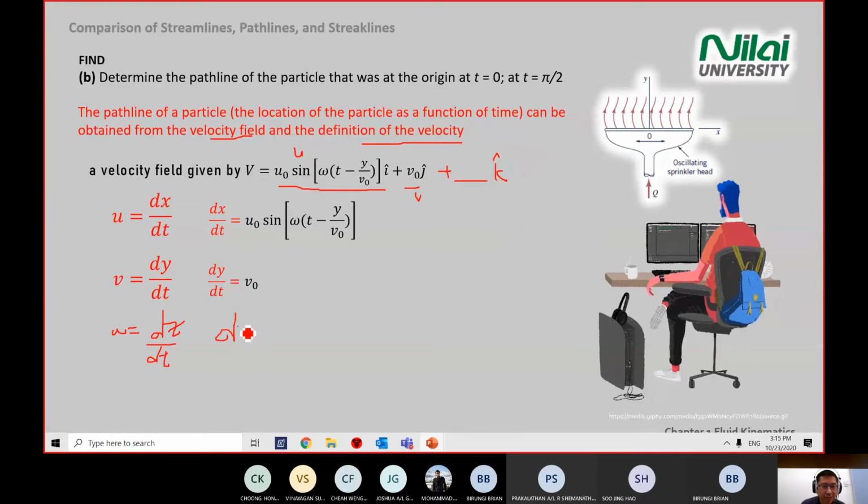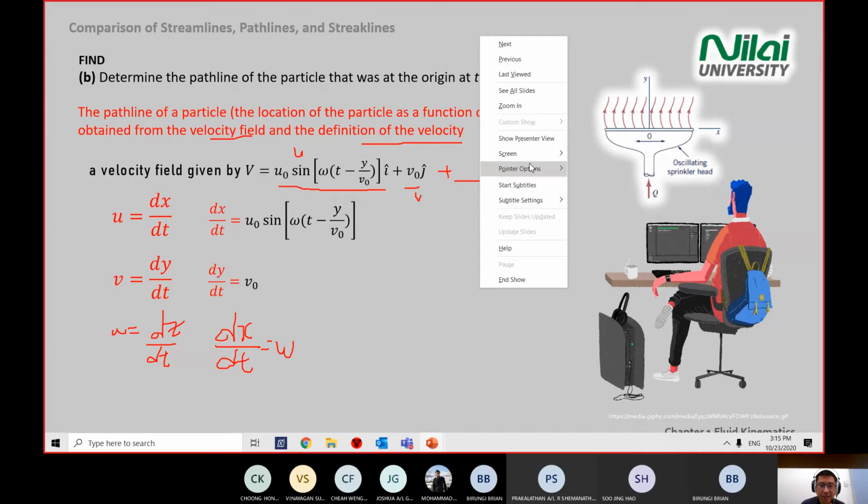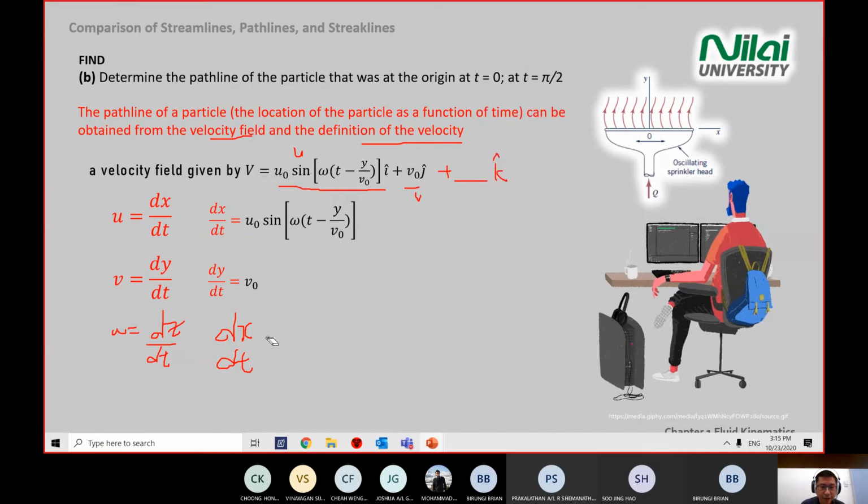They will straight away just give me dx over dt equal to w. Then I will see the repeat of your u and w, meaning you don't understand what you're writing. Do I clear the question just now? Yeah, okay. So this one we don't have w, so I just erase.